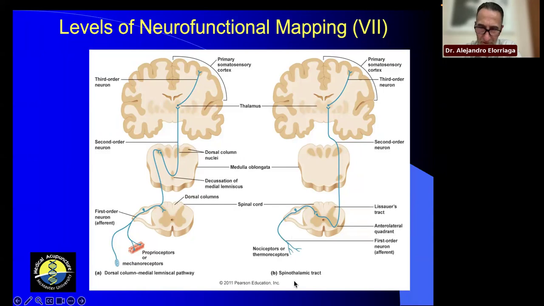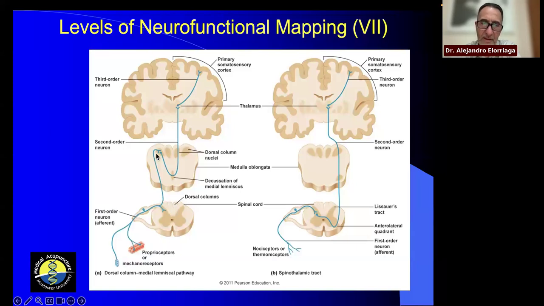While information that's not nociception, such as proprioception and mechanoception, will not cross the midline at the spinal cord, but will continue up via this area of the white matter, called the dorsal column nuclei. So the dorsal column nuclei carry the proprioception.